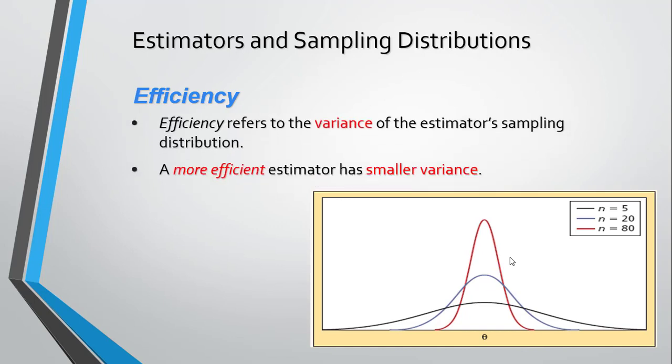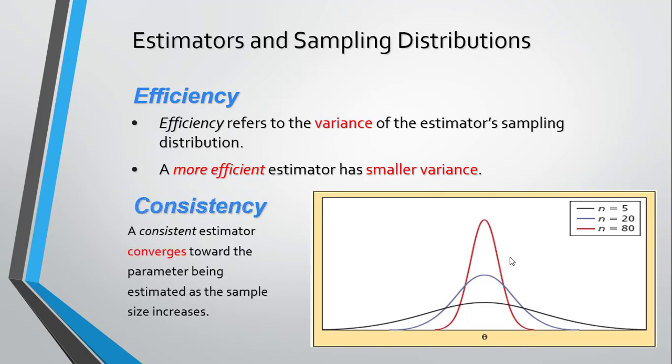Efficiency of estimators and sampling distributions: efficiency refers to the variance of the estimator's sampling distribution. A more efficient estimator has smaller variance. If you look at this, when the sample size n is 5, this is the flat, low curve, still a normal distribution. When n is 20, the blue line is the distribution.